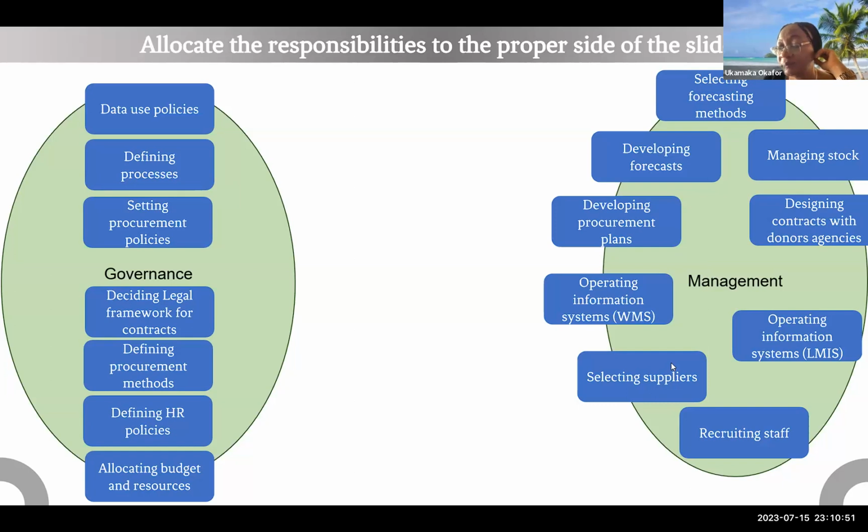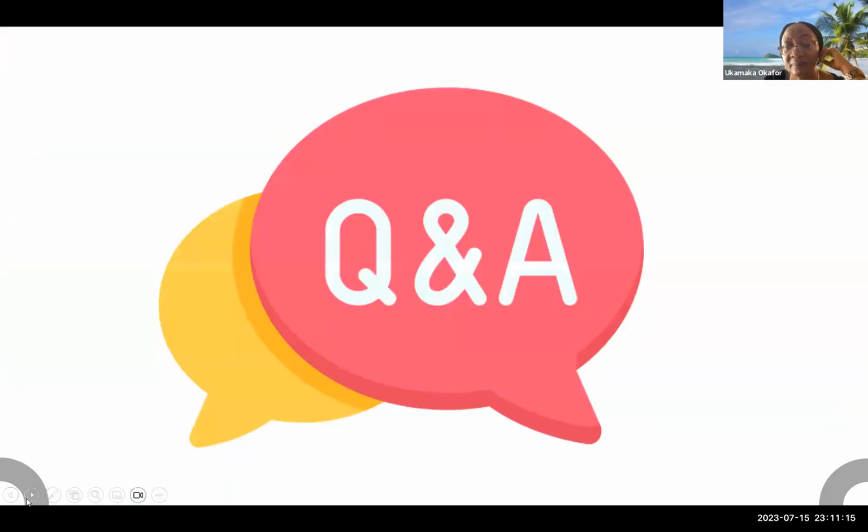That was the entire objective of this slide, to understand how similar looking things can be in both buckets, depending on what is being done. So policies, processes, methods, when it comes to setting them, is governance. When it is about implementation, that's management. Dr. Okafor, back to you.